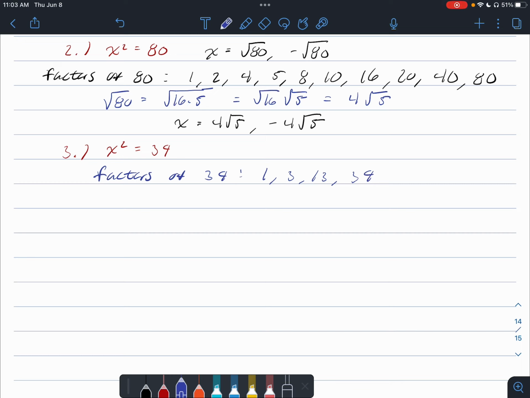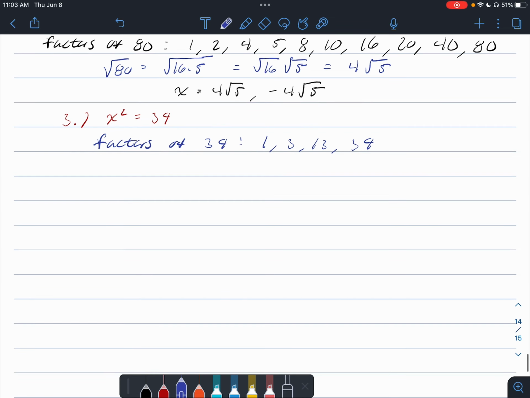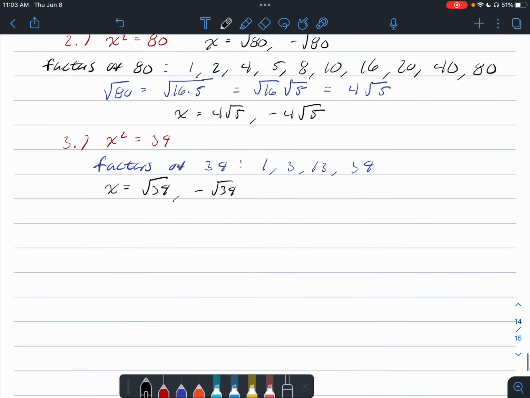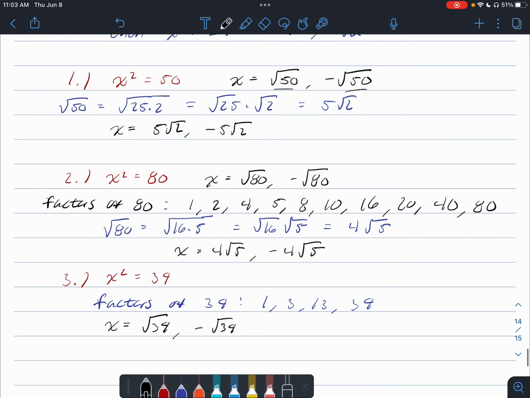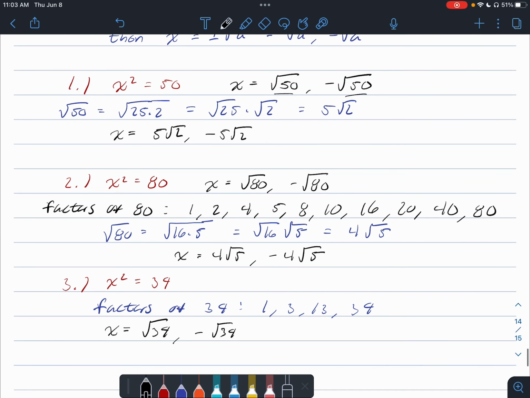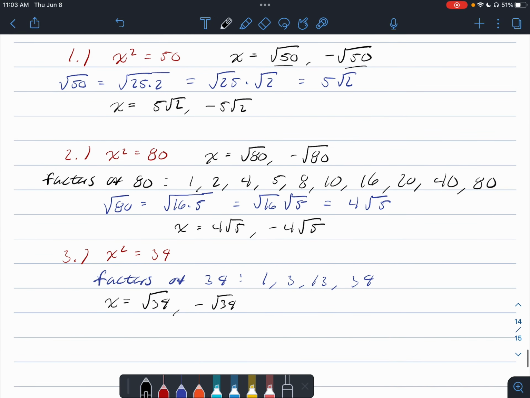And unfortunately, none of these have a nice clean square root, except 1, but that's not really going to help us here. So in this case, we just have x equal to positive square root of 39 and negative square root of 39. And that would be our final answer. So if you're ever given a quadratic equation in this simple of a form, you should be able to solve it quite simply using this basic square root property.